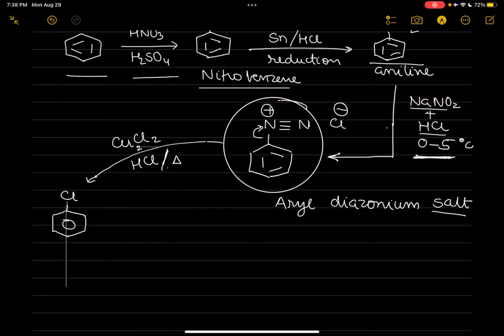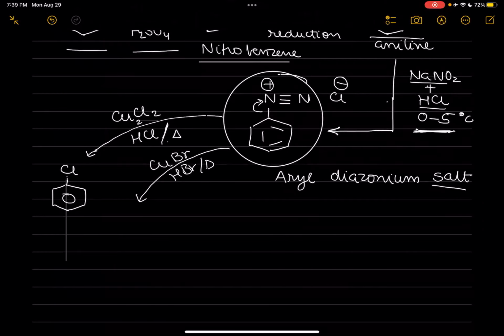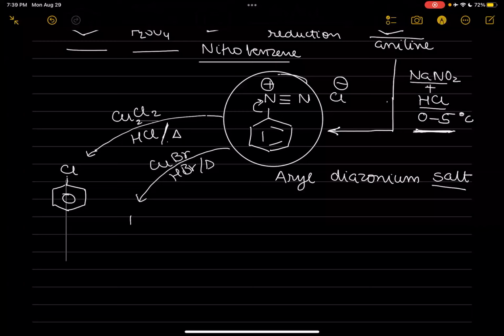So you will end up with chlorobenzene. Suppose you take CuBr plus HBr, now you can heat, because now you need to break it and put your bromine. The Br will come and join because you are heating, N2 will go out and you have bromobenzene.